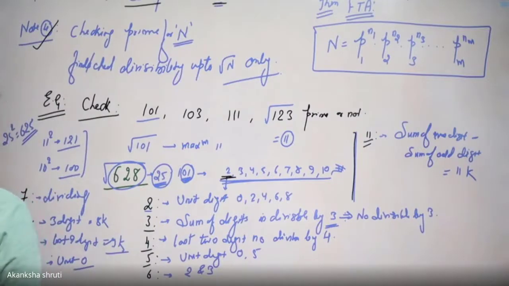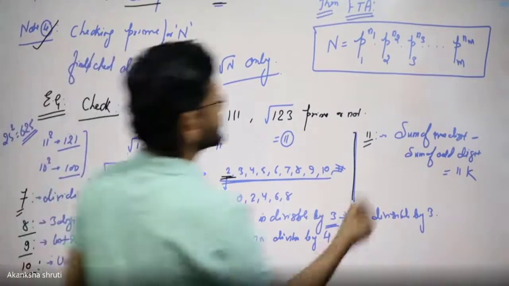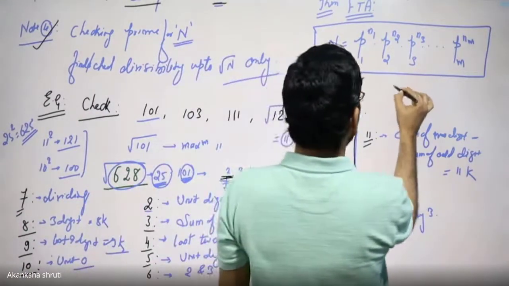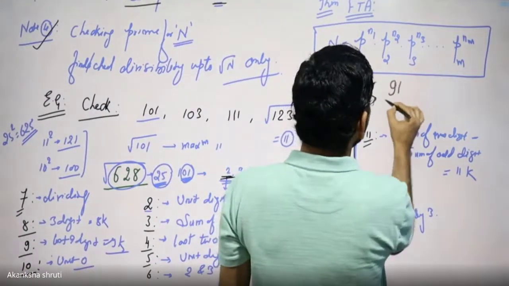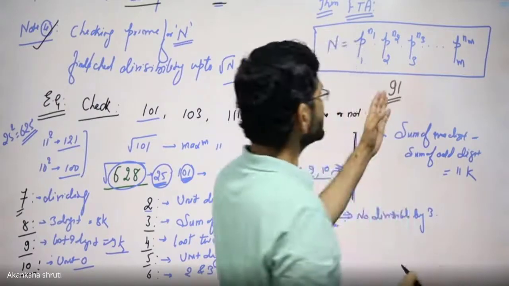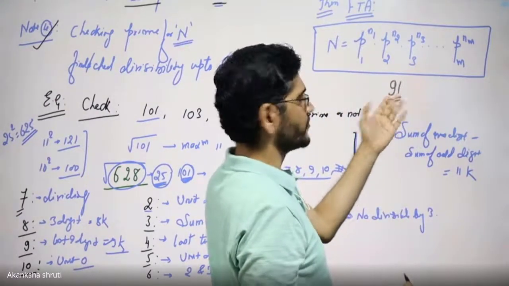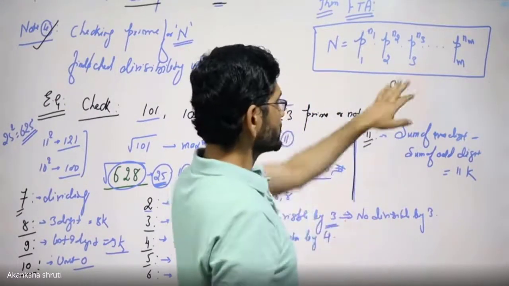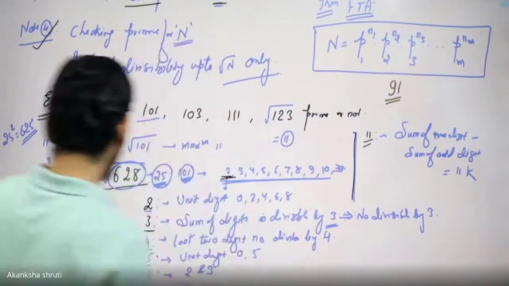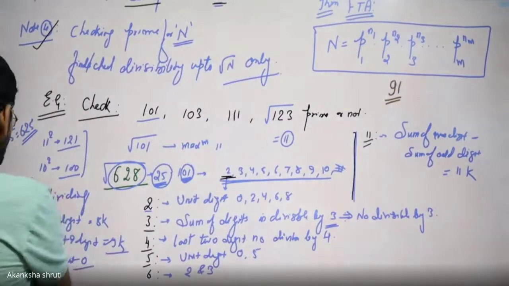Like you can see here, if we consider one example, say 91, whether prime or composite, you find that it is not divisible by 2, 3, 4, etc. In such a situation, 7 is very important.